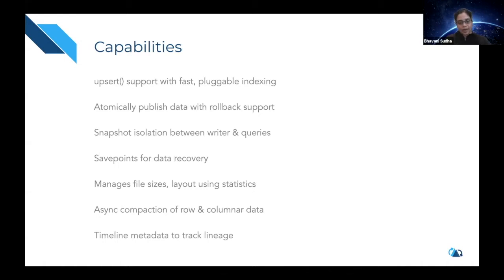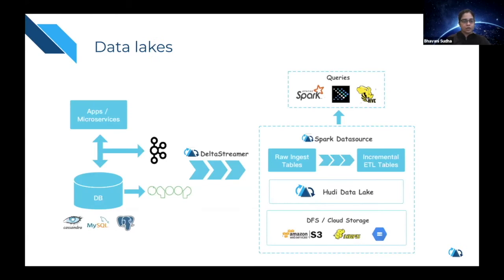It can compact both columnar and row-based data using async compaction, and it also maintains timeline metadata of the table. What that gives you is really what changes happened to the table at a high level. Cool. So with all those capabilities, what Hudi offers is basic building blocks to build a data lake system.